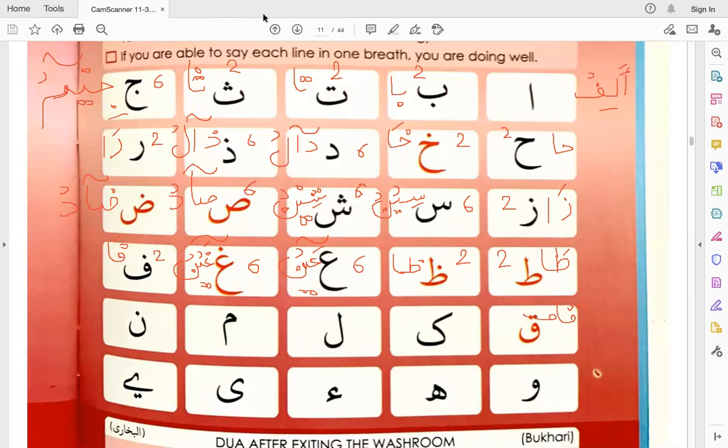Okay, can I take another color so it could be more visible? Yes. Qaf is the first letter, alif is second, and fa is third.